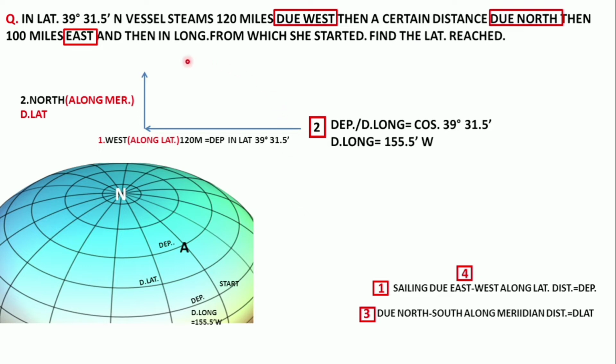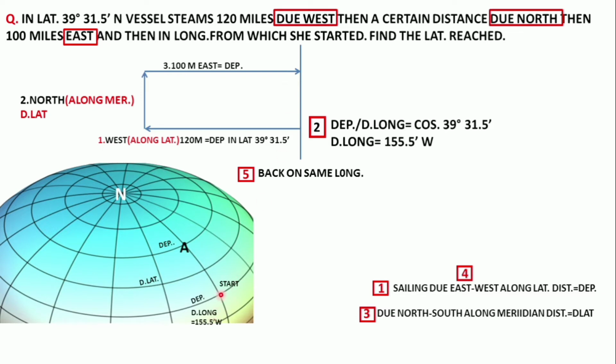He says it is then again in the longitude where she started from. After sailing 100 miles east, it is back on the meridian it started from.